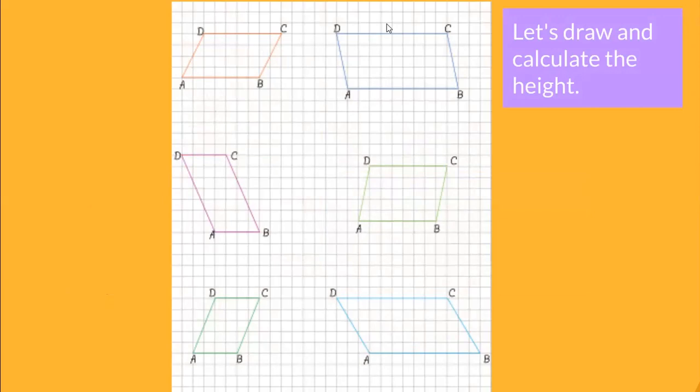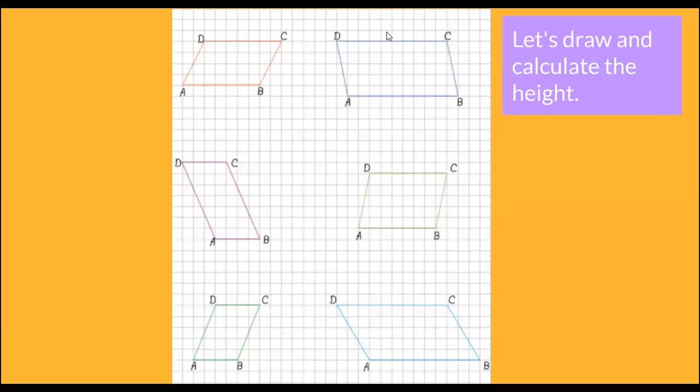Let's look at. Okay, the first one is we can draw from corner D to AB, right? Okay, and 1, 2, 3, 4 centimeter. Yes, true.